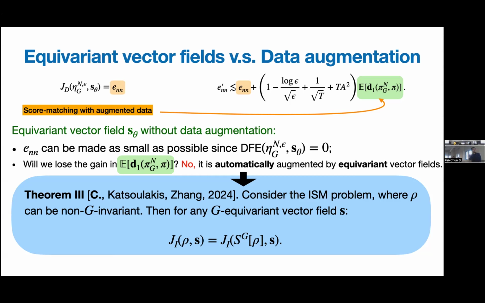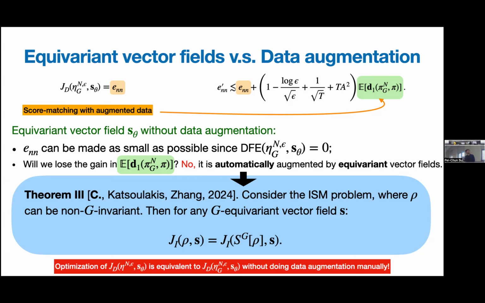To explain this equation, basically you use a G equivariant score matching to match the score of a generic probability measure. And the value is the same as if you use these equivariant vector fields to do score matching with its symmetrized part, right?